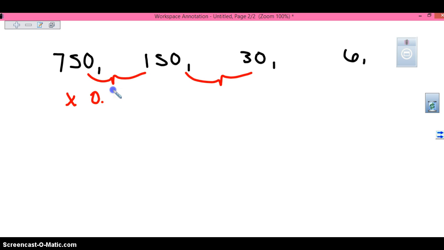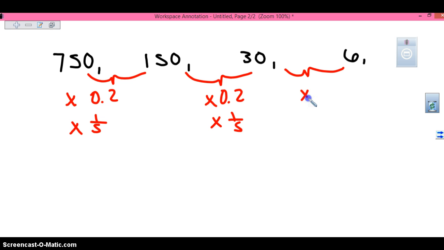So 0.2. What about as a fraction? What would that look like? So you're multiplying the term times 0.2 or times 1/5. Does that work for this set? Yes, right? What about here? So this would be the common ratio.